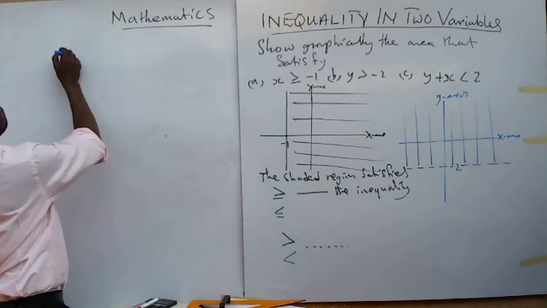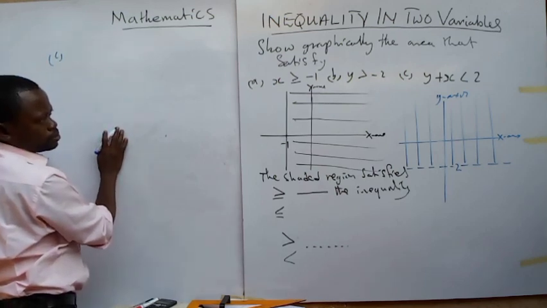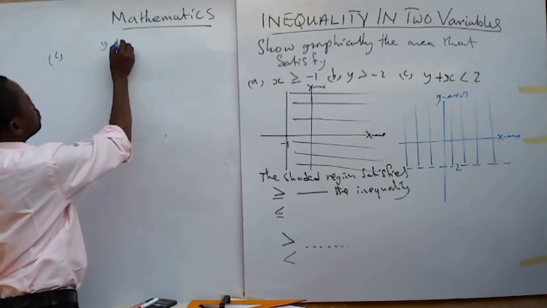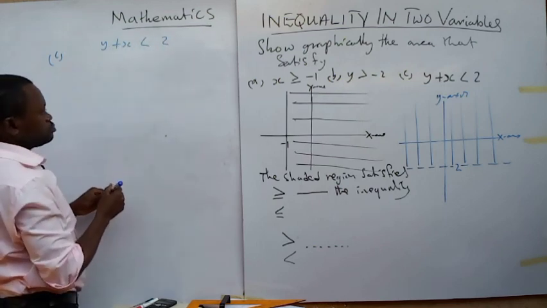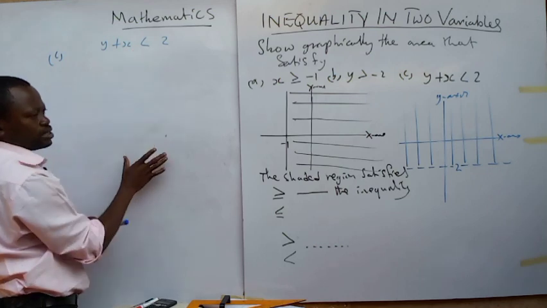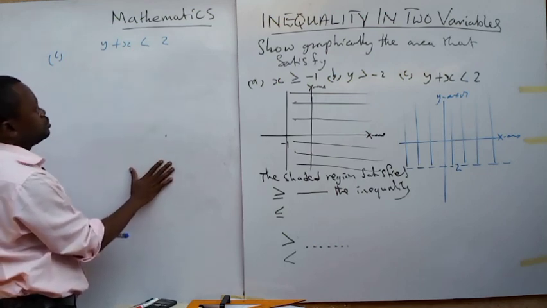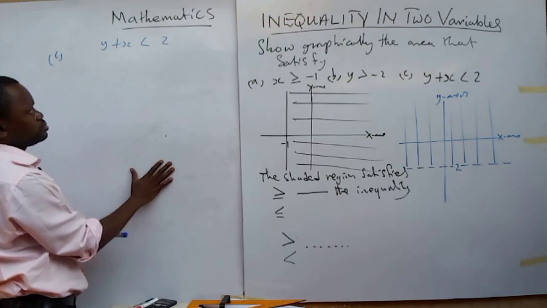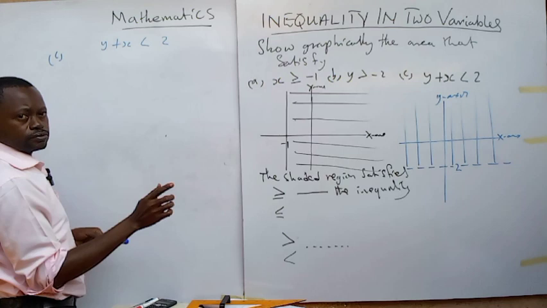Example C says y plus x is less than 2. How do we show this graphically? Step 1 is write the inequality as a linear equation.